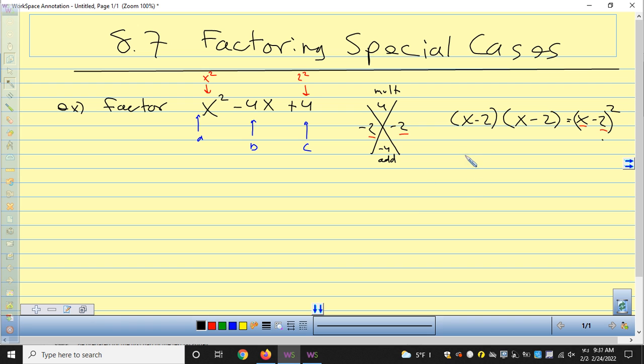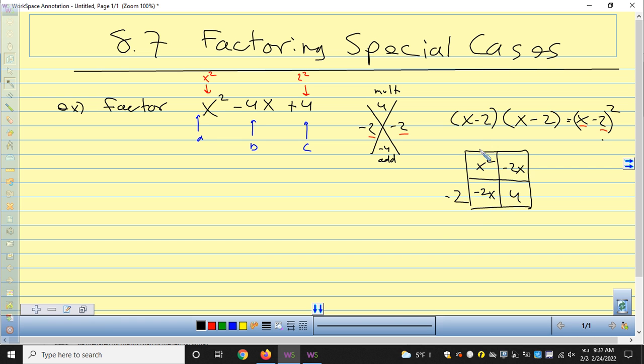And if we like to use the box, we could set up our box here for this one, just for those of us who like to use the box. This is x squared, this is 4, factor times x, factor times x. Then we pull out our greatest common factors. Biggest number that goes into 2 and 4 is 2, and this is negative.